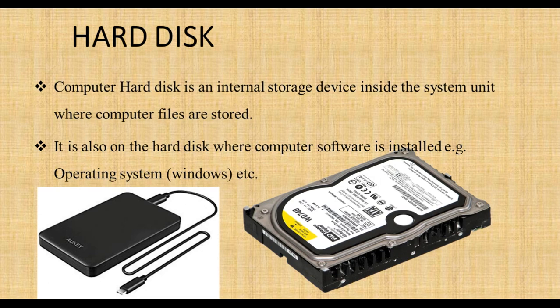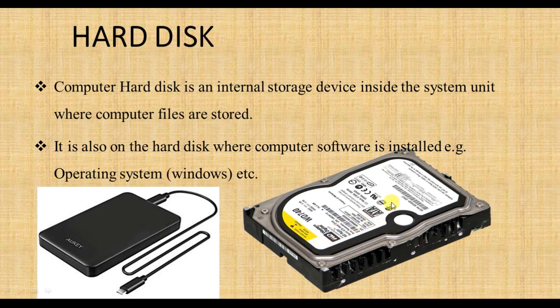The software programs that we install on computers always go to the internal storage of the computer, and the operating system, if you hear of that word operating system, sometimes we use the common word Windows, so we always have it on this hard disk.